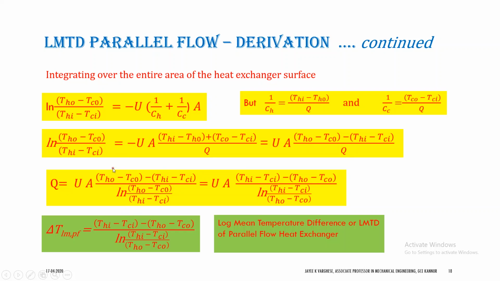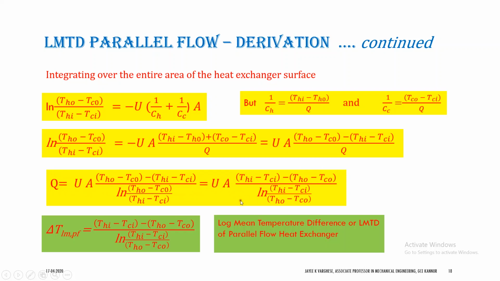So it is the temperature difference at the second end minus the temperature difference at the first end, divided by log of the temperature difference at the second end by the temperature difference at the first end. So UA into some combination of temperatures. Now compare with the convection equation: Q is equal to overall heat transfer coefficient into area into temperature difference.